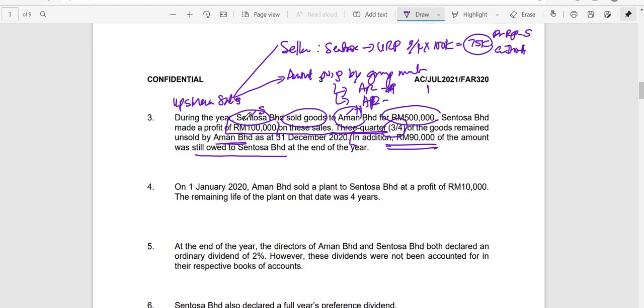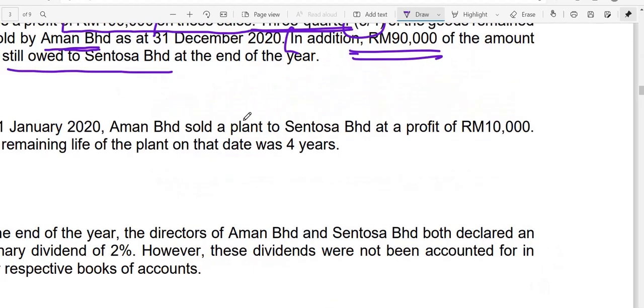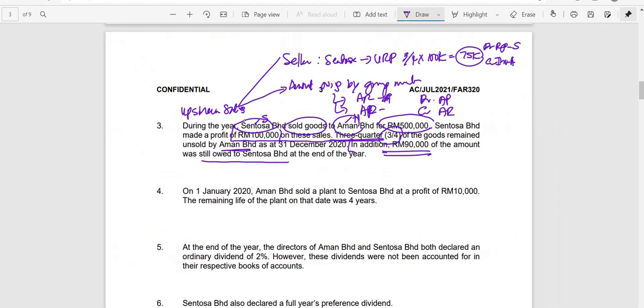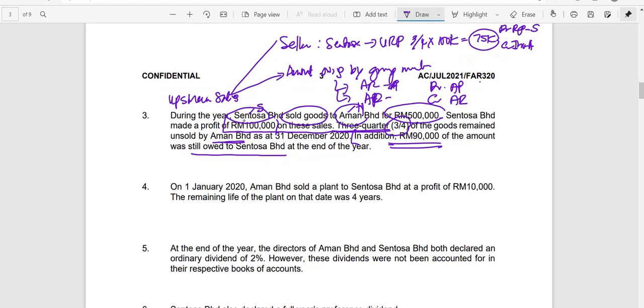So in simple words, here debit accounts payable, credit accounts receivable. So that is because you have intercompany sale, right? So therefore, accounts receivable of Sentosa, we just put here the figure, that would be 90 and 90. And this will not impact the schedule, but this will be affecting the SOFP, the assets and liabilities.